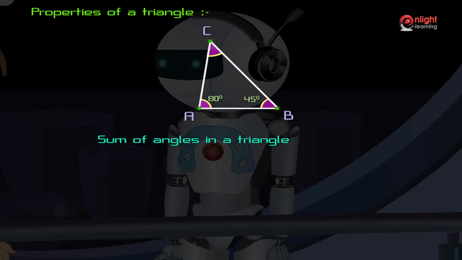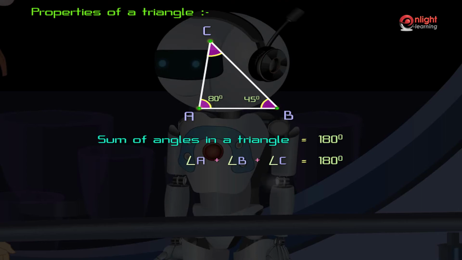Since sum of the angles in a triangle is equal to 180 degrees, sum of the angles A, B and C is equal to 180 degrees. Hence, angle A plus angle B plus angle C is equal to 180 degrees.